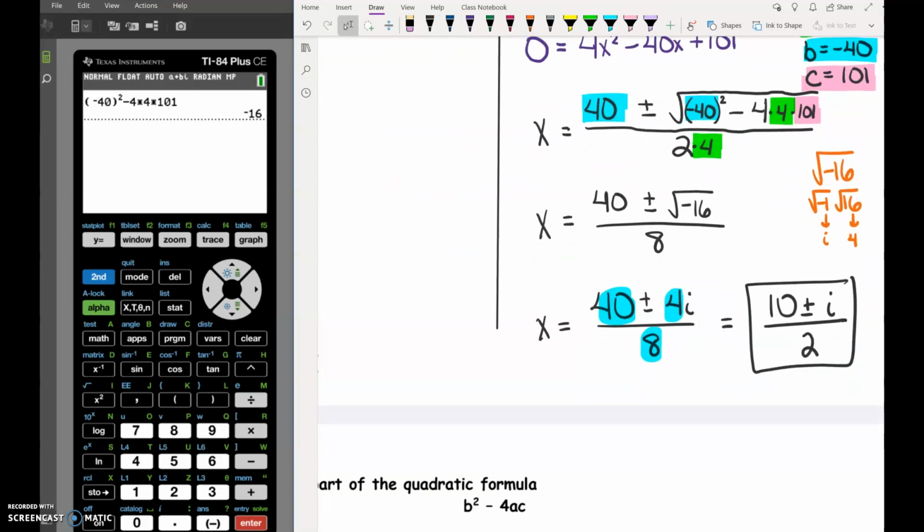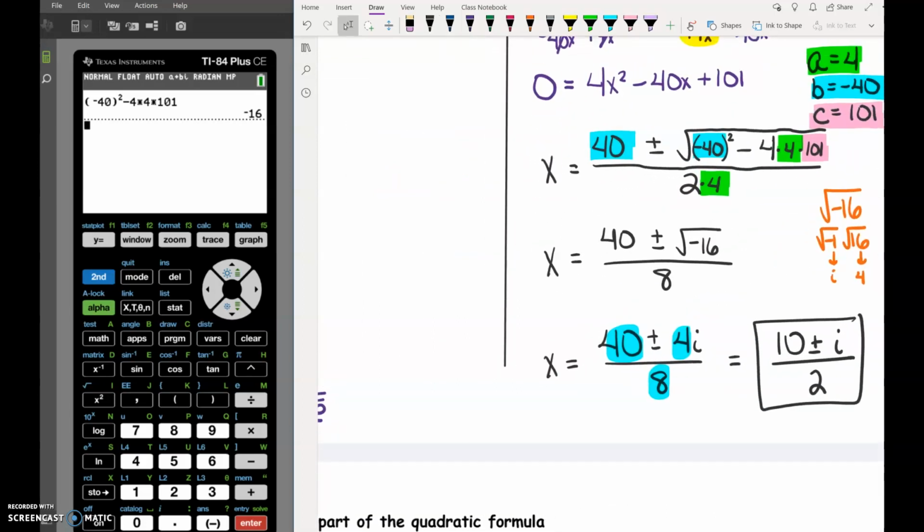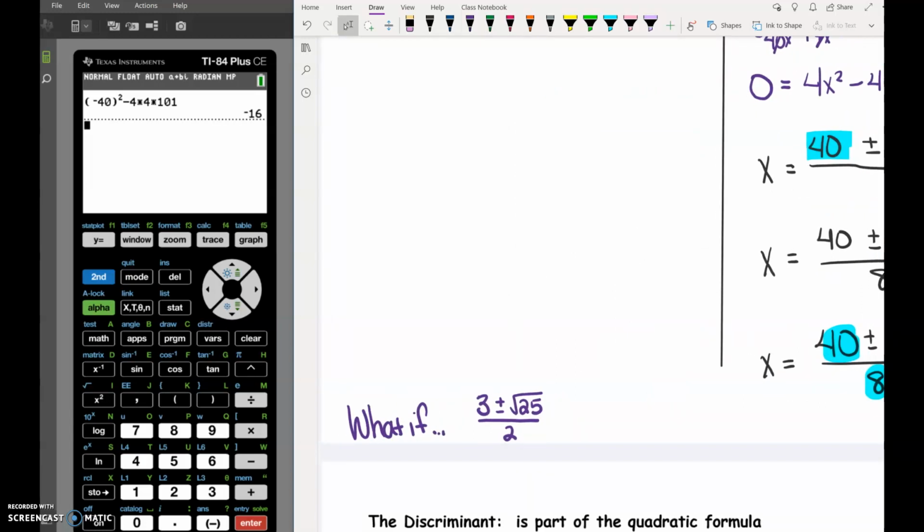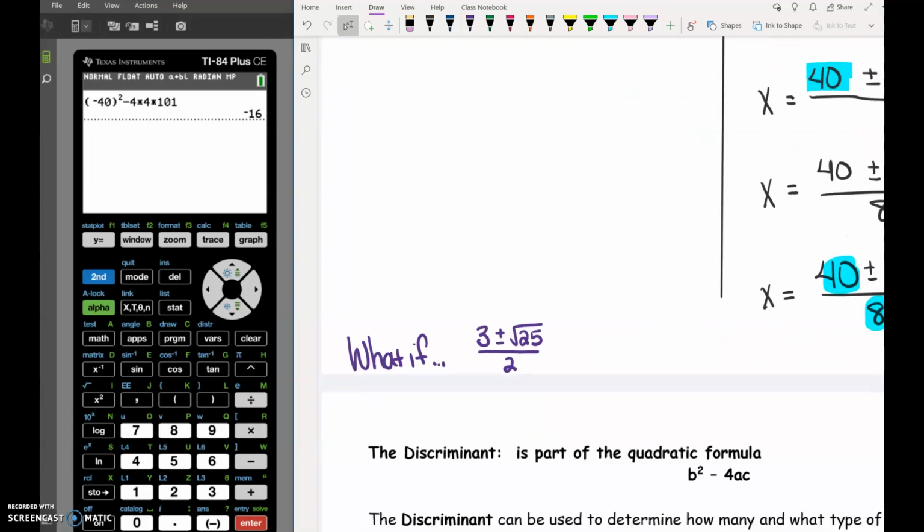Now, I want to show you, I wrote a little what if over here. What if you had something like 3 plus or minus the square root of 25 over 2? What is the square root of 25? 5. So this is 3 plus or minus 5 over 2. Do you see how all of those are real numbers?